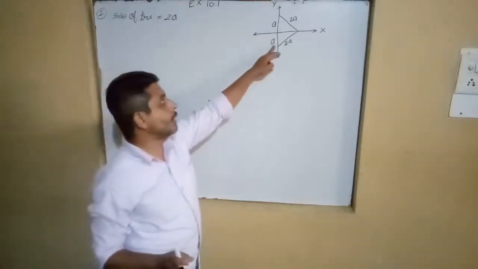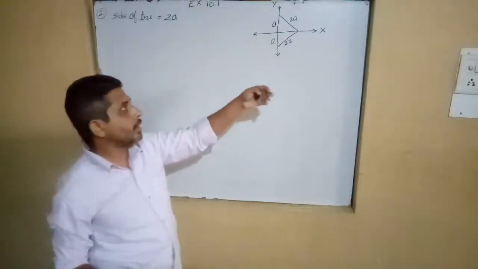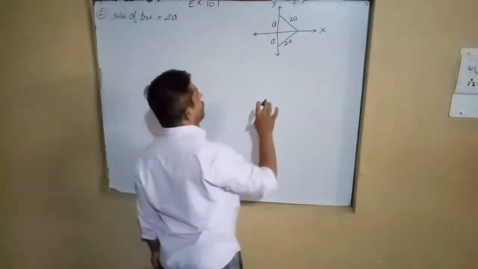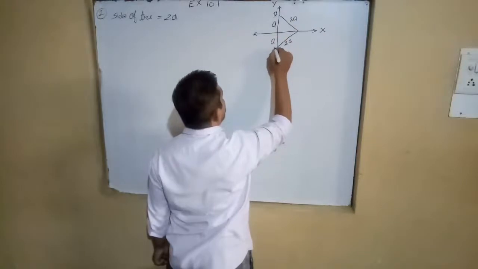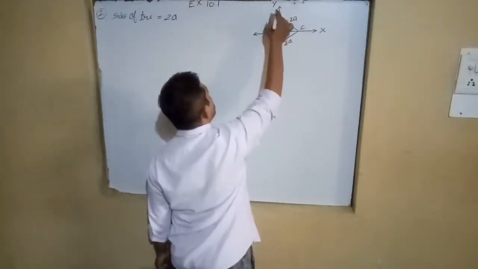That's why we use only a here, not minus a. We do not show the coordinates here. Okay, understood? Now we have to find the coordinates of the vertices A, B and C.